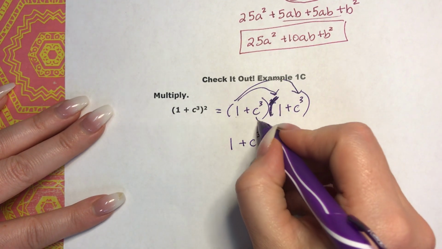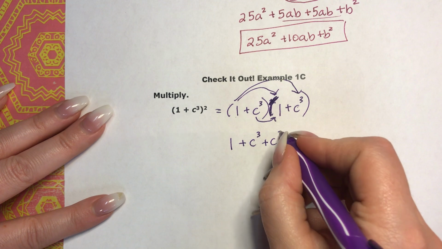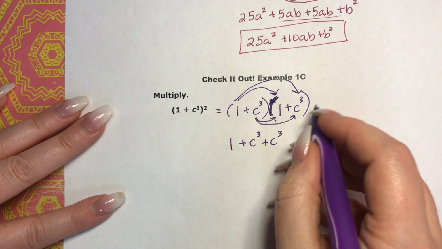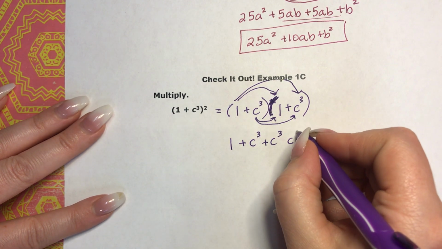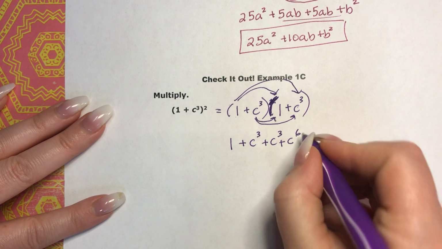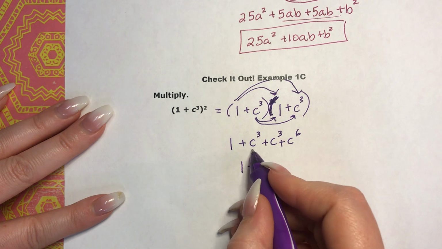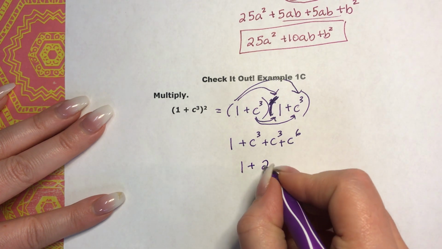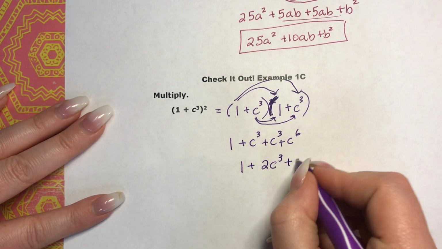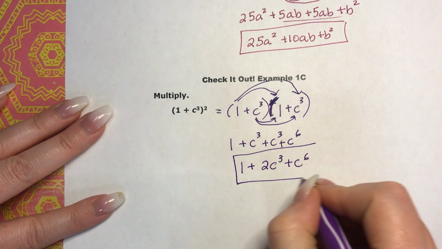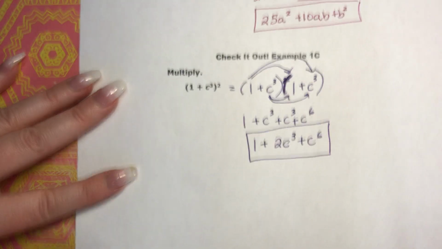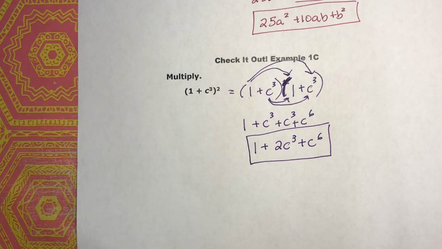Then we're going to go down here. C cubed times 1 is just c cubed. And then c cubed times c cubed, which is going to be a positive c to the 6th power. Then we just combine like terms. C cubed plus c cubed is 2c cubed, so we get 1 plus 2c cubed plus c to the 6th power. And that is it. So if you got that answer, you did a wonderful job.